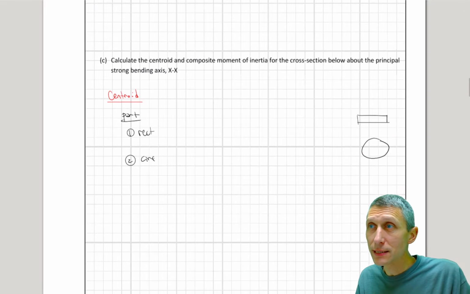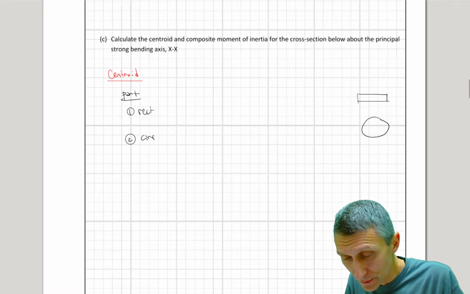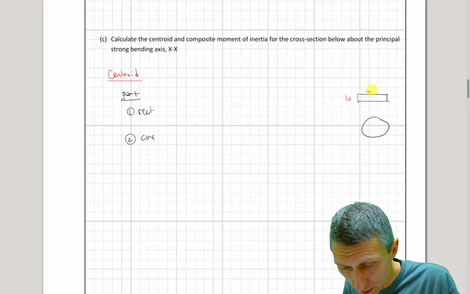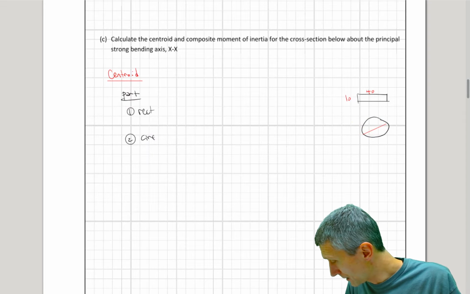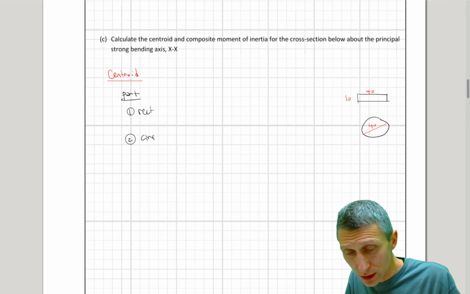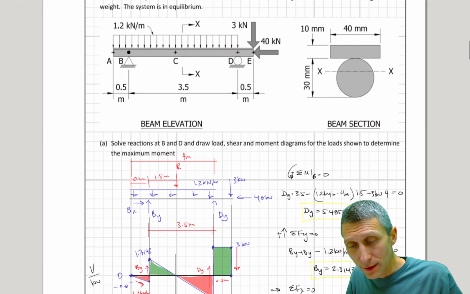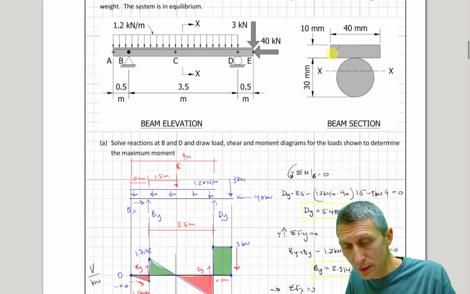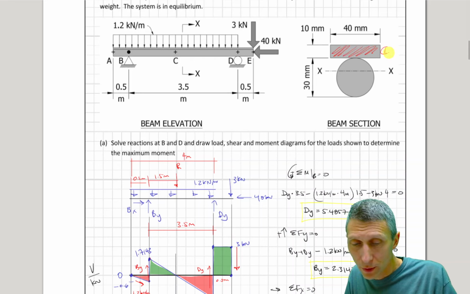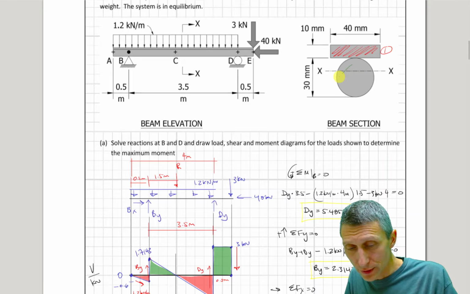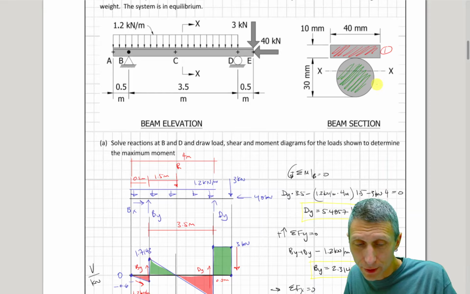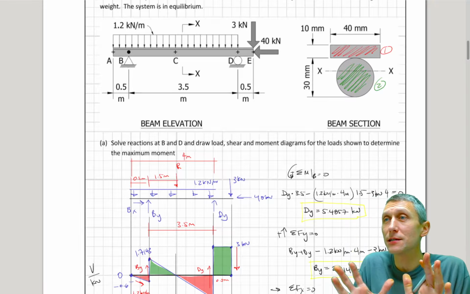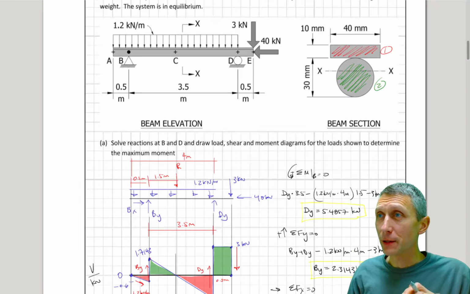What we have here is something that's 10 millimeters by 40 millimeters, and this has a diameter of I think it's 40 millimeters as well. So we can just double check that. But yeah, I'm going to label this part 1, and then if I use a different color down here just for fun, I'm going to use this as part 2. So these are going to be my parts.